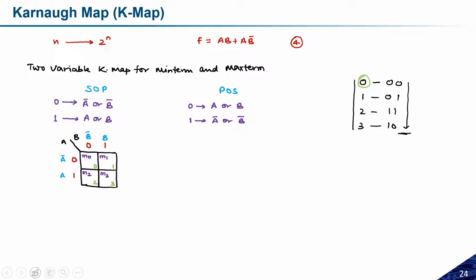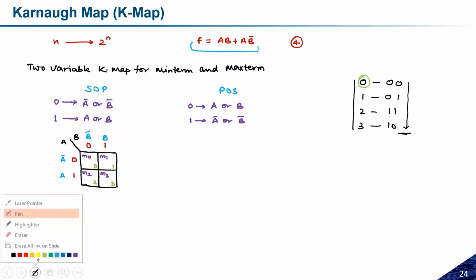Now, if I have a function f = AB + AB bar, this particular cell will be AB. A from here and B from here, and wherever they intersect, that is where we need to place the minterm.